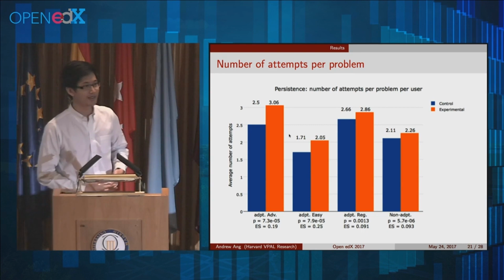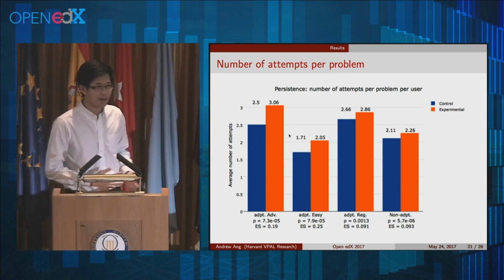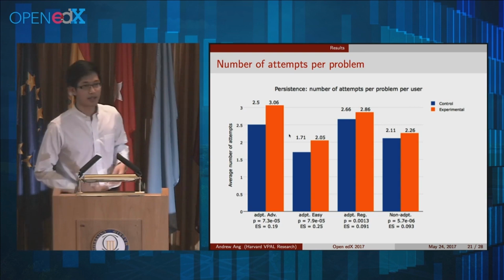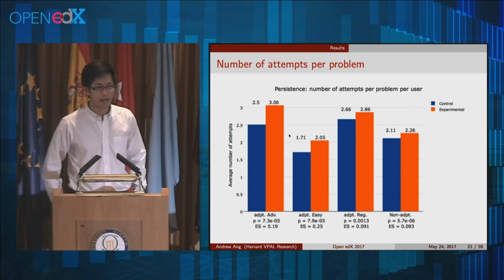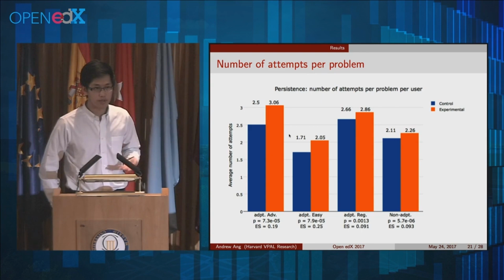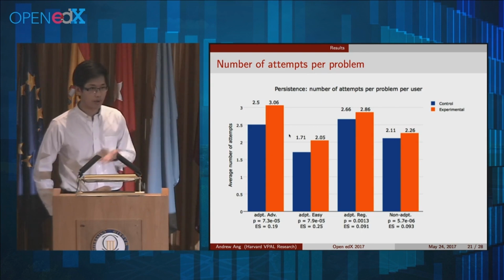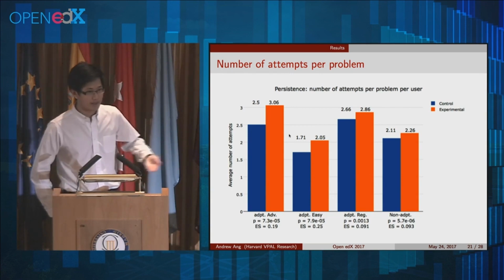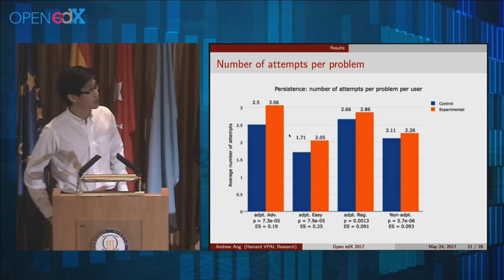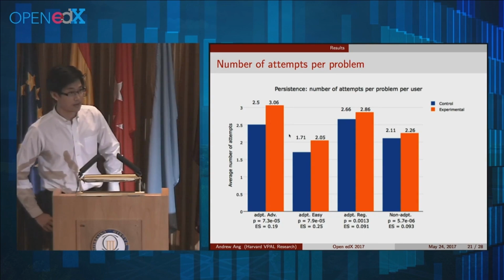One might be, if they need more attempts per problem, are they having a harder time? But the idea here is that they're getting a problem that's a little bit more suited to their current mastery level of that learning objective. And presumably they might be getting harder problems. And so they need more attempts for it, and you could interpret it as persistence and they're being more engaged.